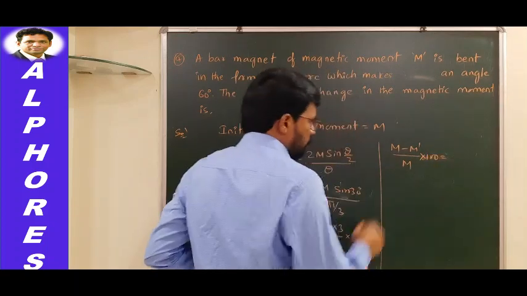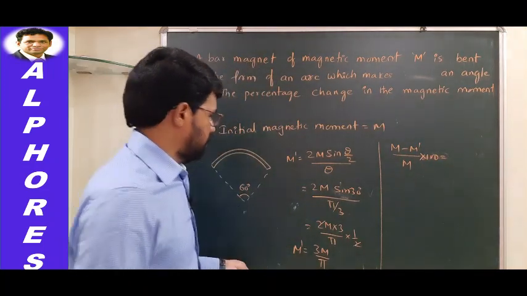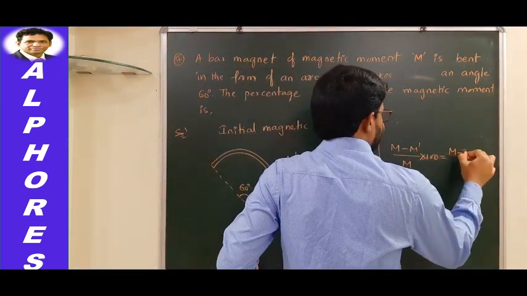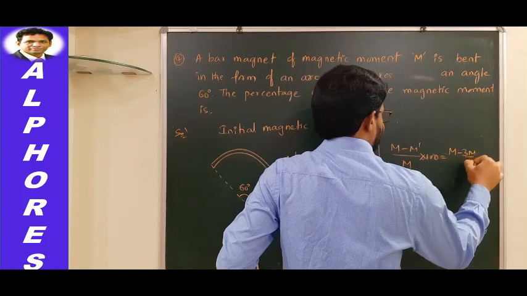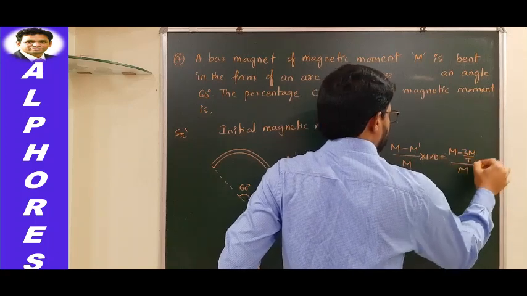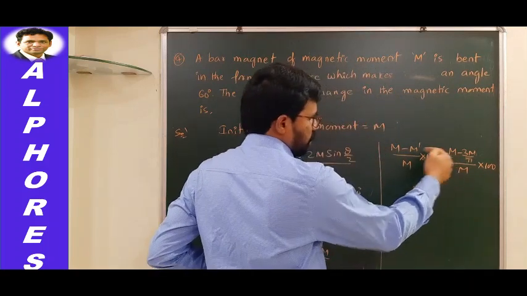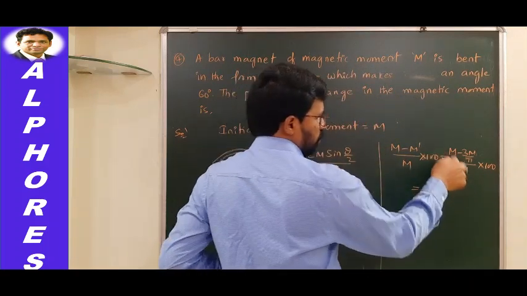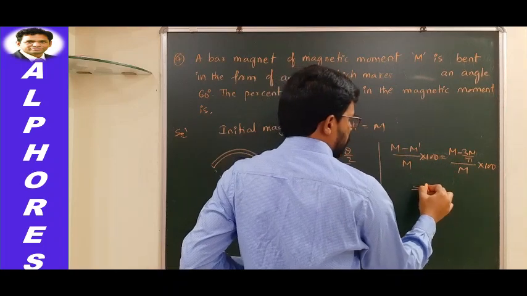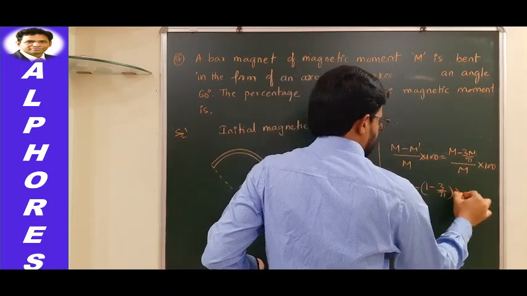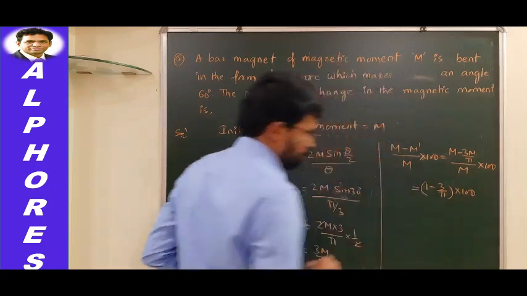Is equal to, what is m minus m dash? M dash is 3m by pi. So m minus 3m by pi by m into 100. This is equal to, if you take out m common from the numerator, both these two m's gets cancelled, then you will have 1 minus 3 by pi into 100.